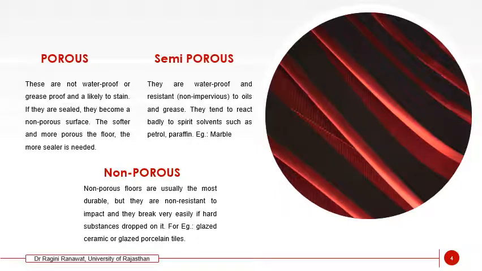Although with the new types of sealants coming in now, these floors can be turned into non-porous surfaces as well, but you need to keep them maintained, and you have to reapply the sealants every once in a while. The softer and more porous floors come into this category. For example, unglazed tiles or limestones, or the floors that are made of bricks or concrete.